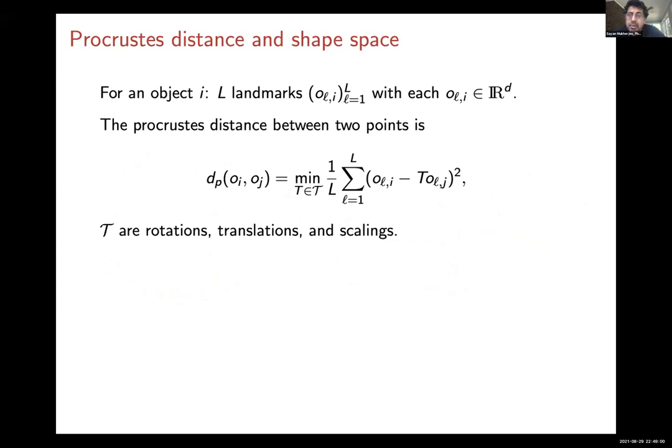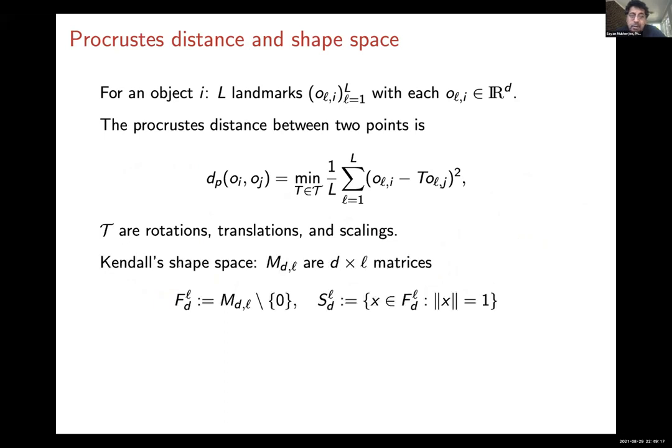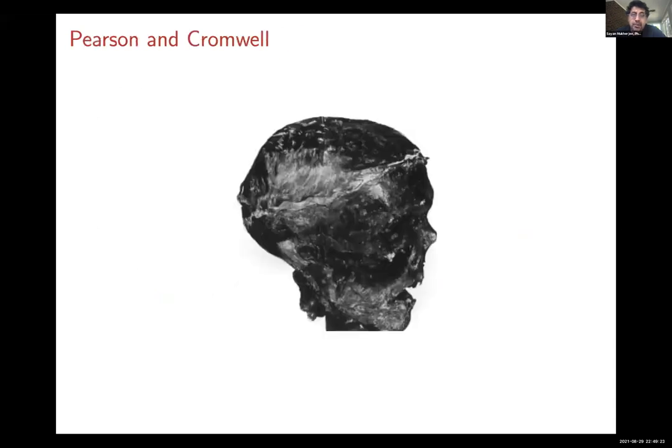So if I have two shapes, what I can do is basically look at translations, possibly also rotations and other transformations and scalings, for example, and mod them out, right? And that's my notion of shape space. And so this was Kendall's shape space. You can think of it as a manifold, and you're basically modding out these transformations.